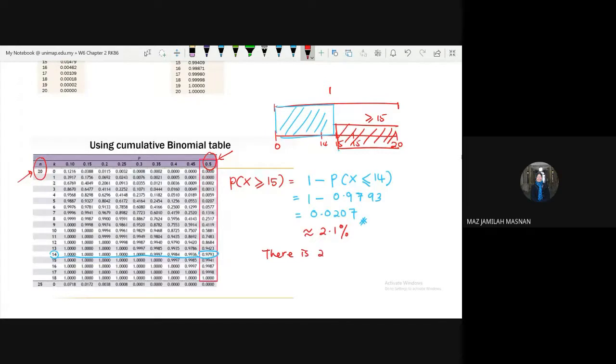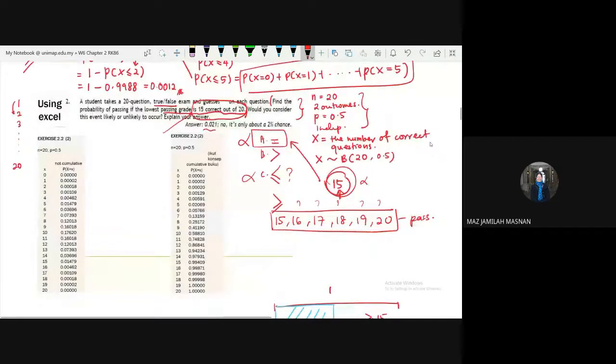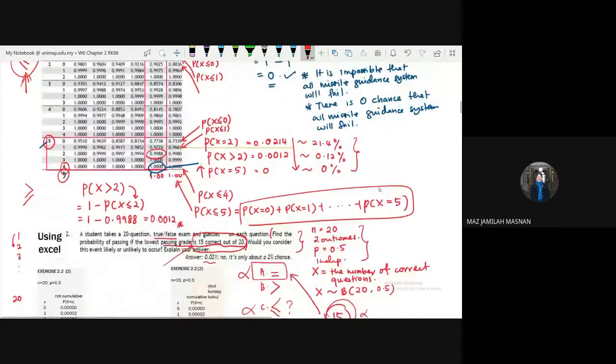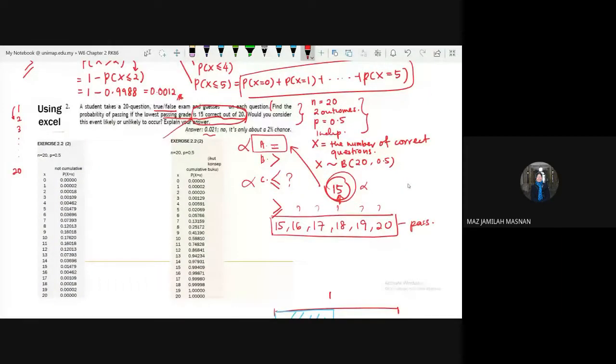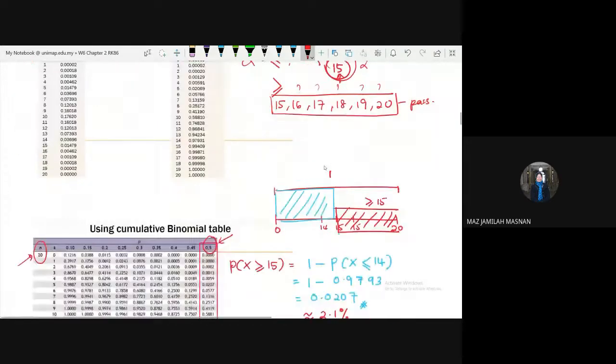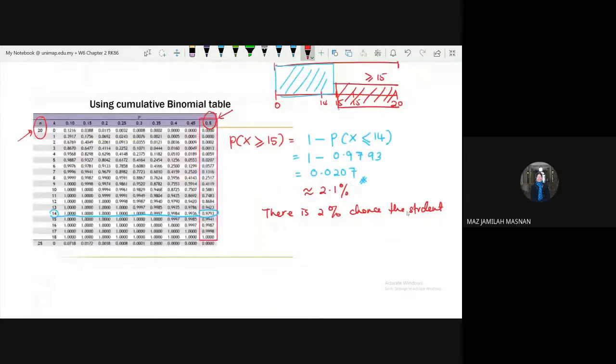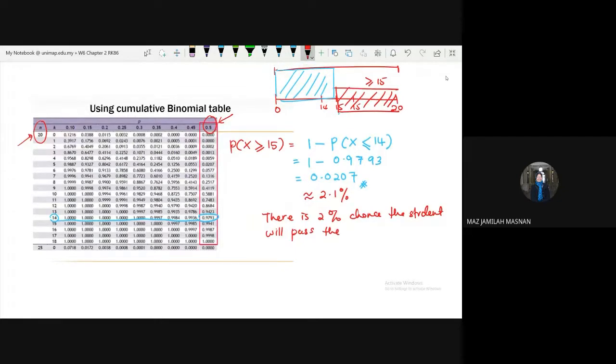There is 2% chance that the student will pass the exam or test.